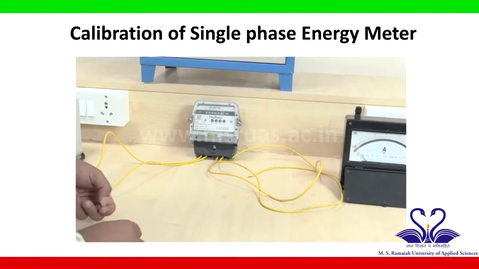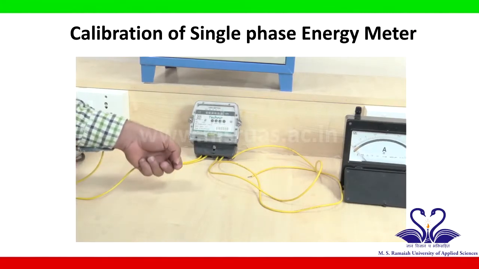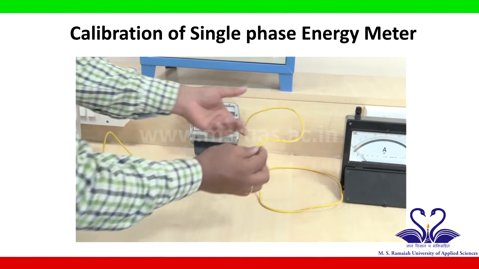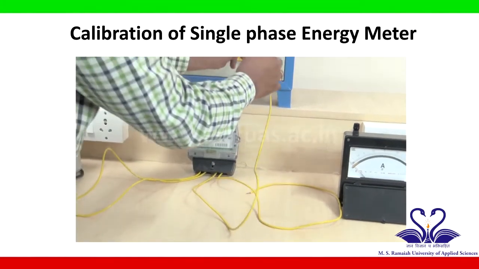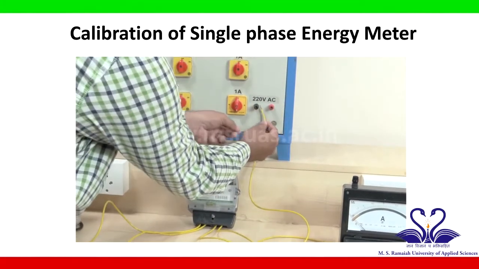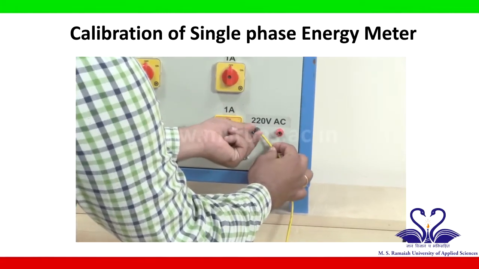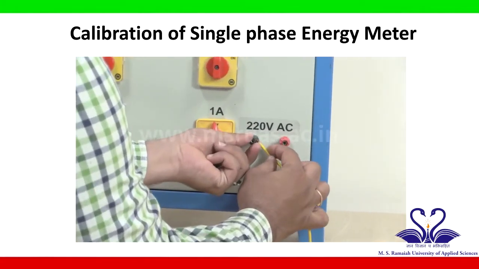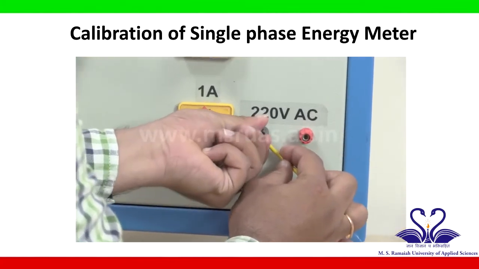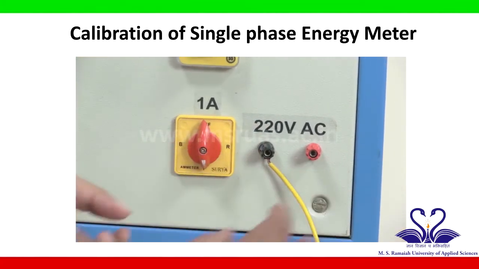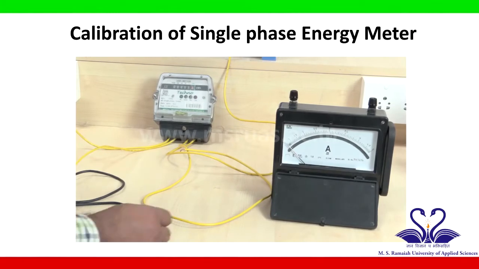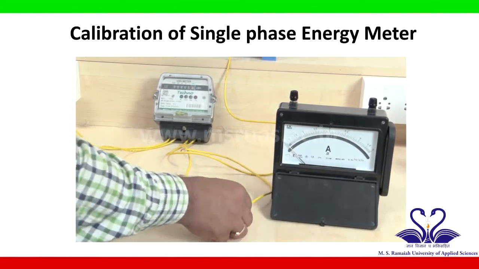Now let us connect the output terminal connection of energy meter. The first output terminal wire is directly connected to the load. Now let us connect other terminal through ammeter.